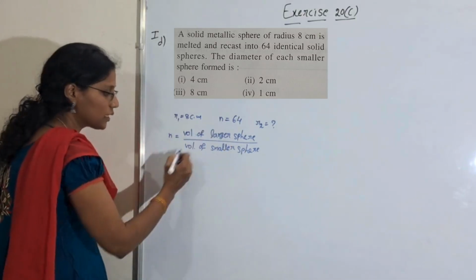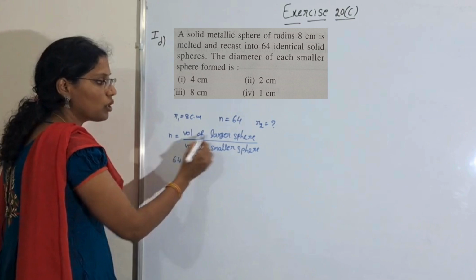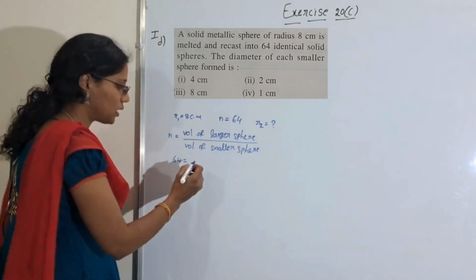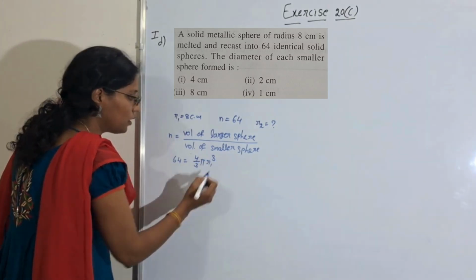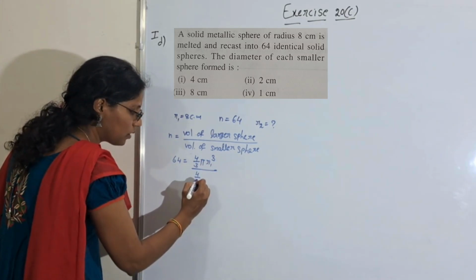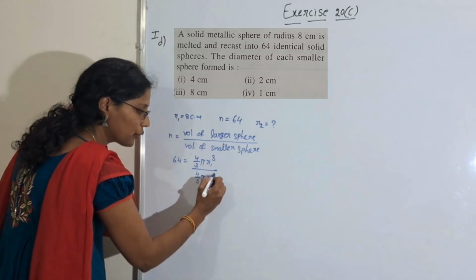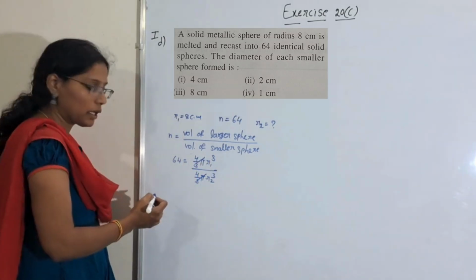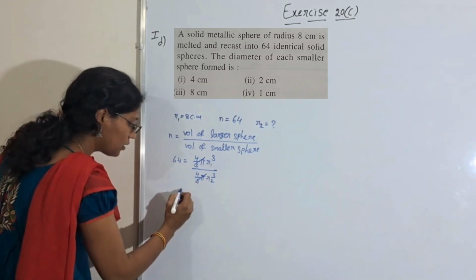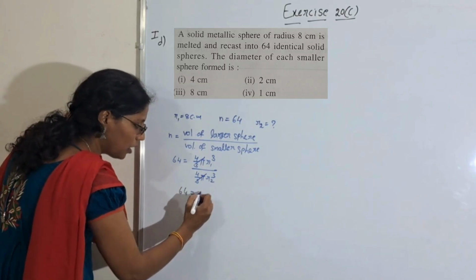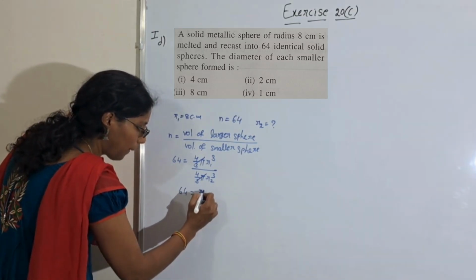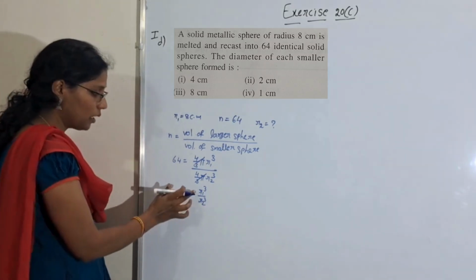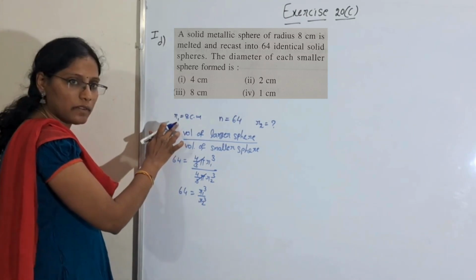Here n value is 64, equal to volume of the largest sphere, 4 by 3 pi R1 cube, by 4 by 3 pi R2 cube. 4 by 3 pi cancel. Here 64 equal to R1 by R2 whole cube, because R1 value already we know.